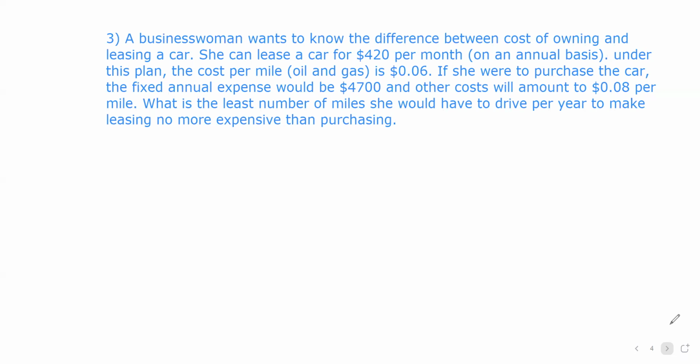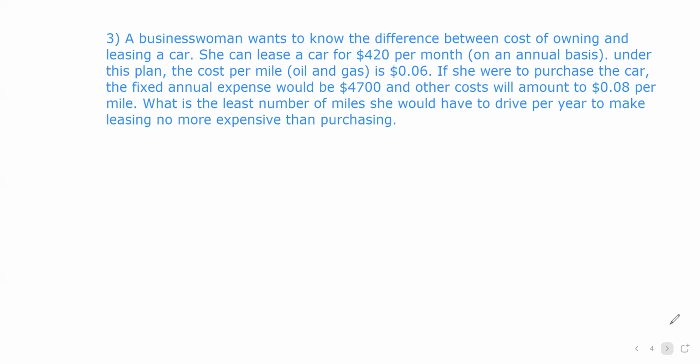Under this plan, the cost per mile of oil and gas is 0.06. If she were to purchase the car instead, the fixed annual expense would be 4,700 and other costs will amount to 0.08 per mile. What is the least number of miles she would have to drive per year to make leasing no more expensive than purchasing?